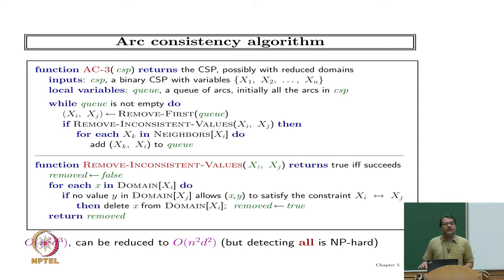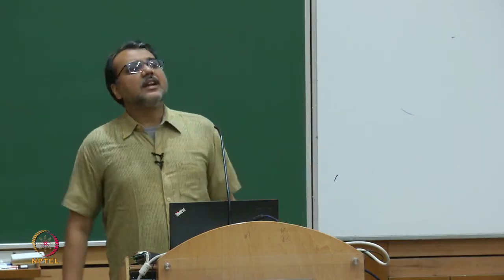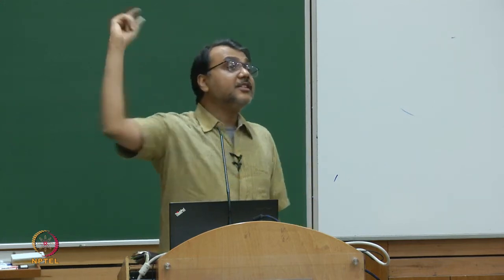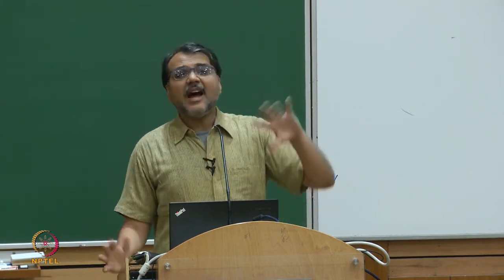Now, let us think about what is the final algorithm that we came up with, like the backtracking search algorithm. The backtracking search algorithm says, I am at a node, run arc consistency, make sure some values which are not possible are removed. Then I can't remove any other value. If I can't remove any other value, I do some search.